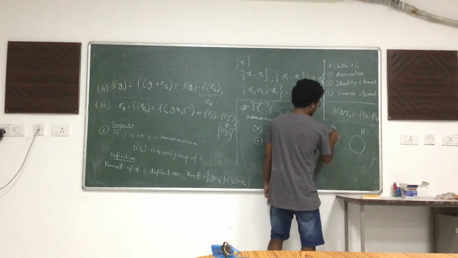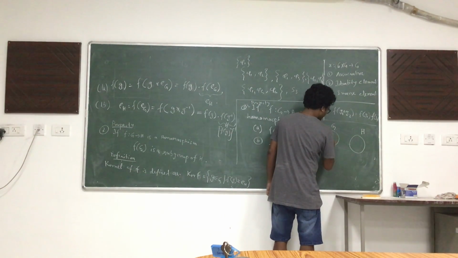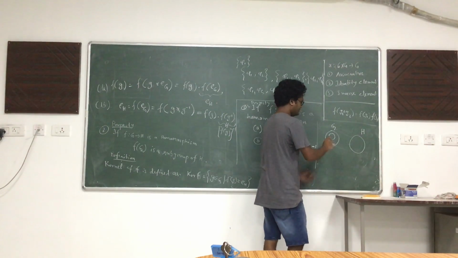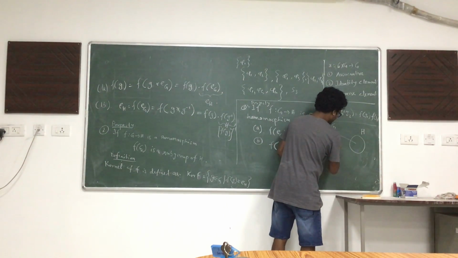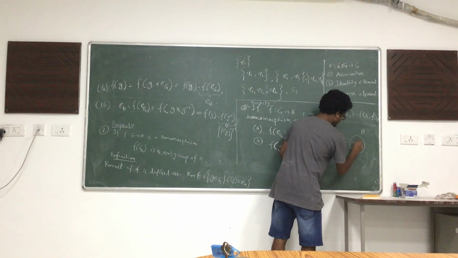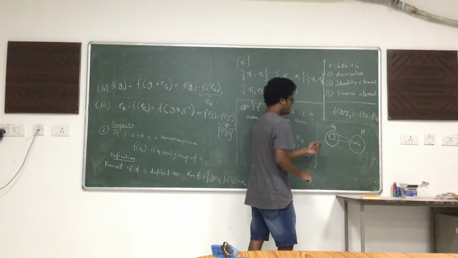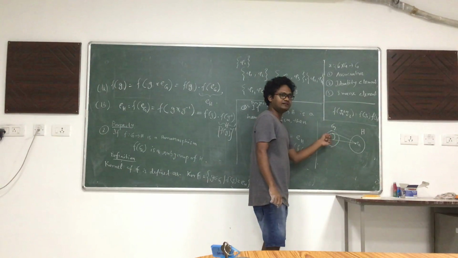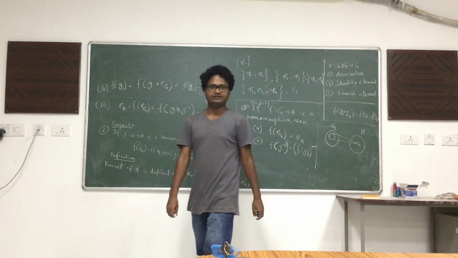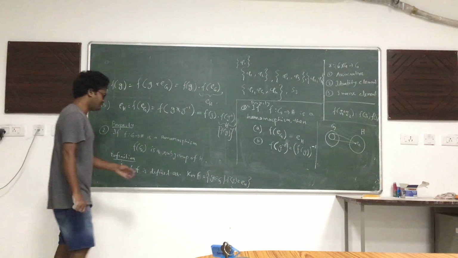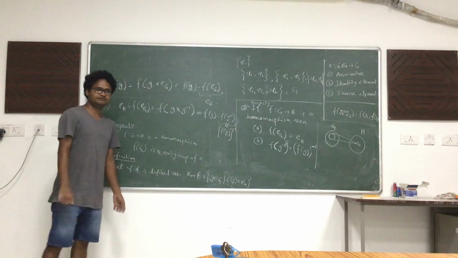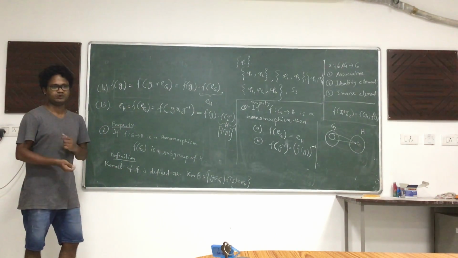There is a subset which sends the elements to the identity element E. Then this subset is defined to be the kernel of function F, for a homomorphism, of course.